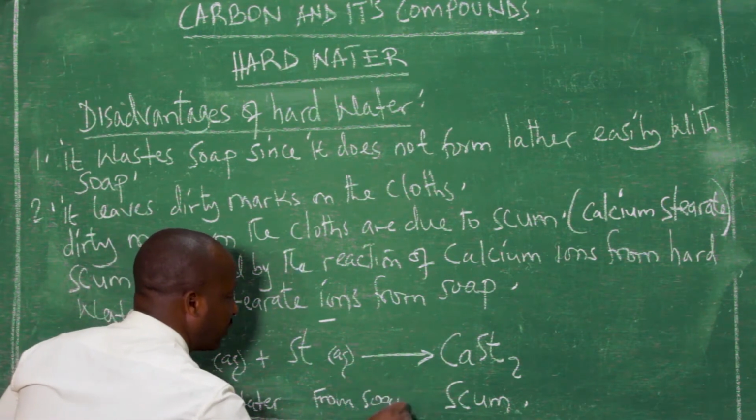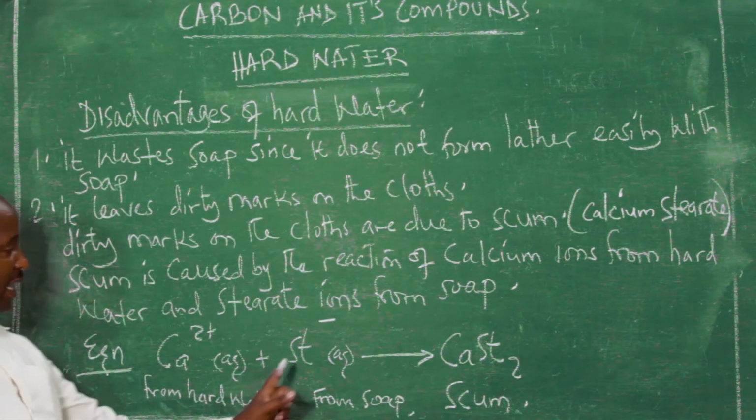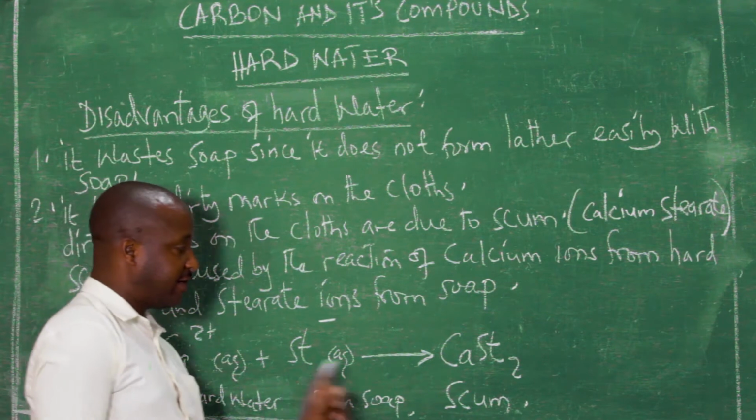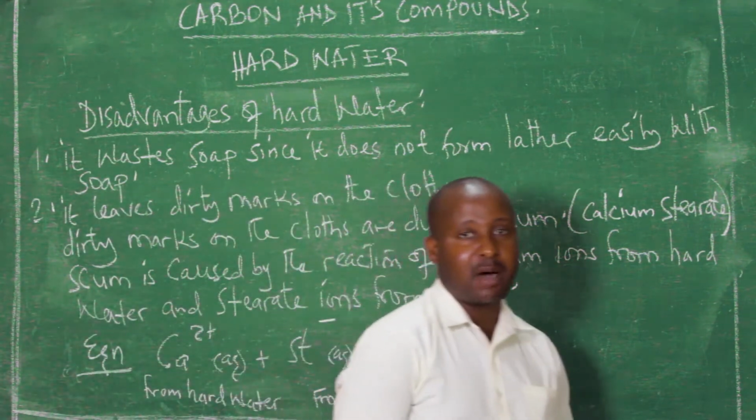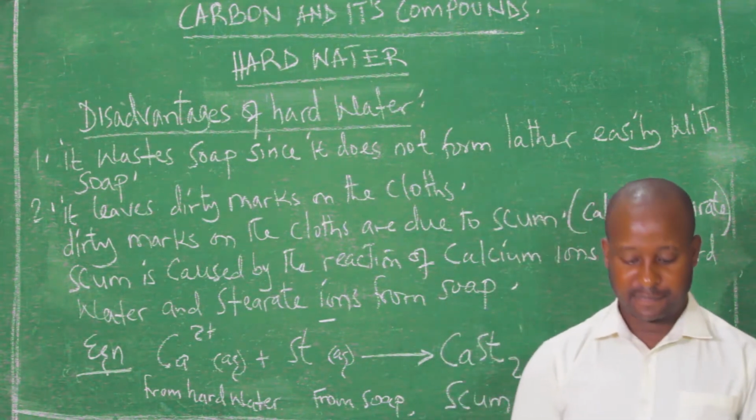So calcium ions, when reacted with stearate ions, form scum, and scum forms dirty marks on the cloth.